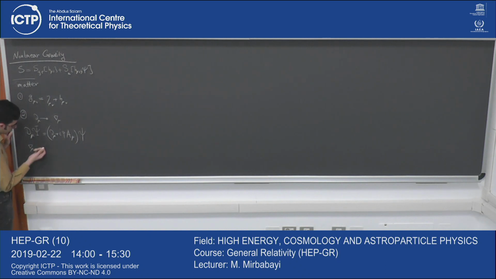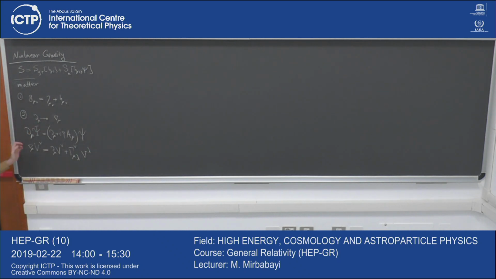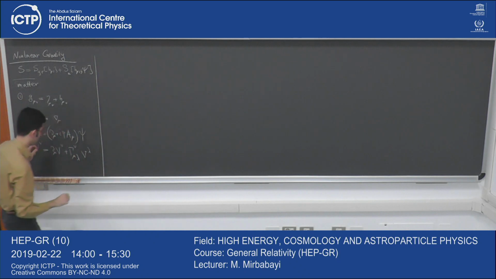So, for instance, if I just write the derivative of a vector field with upper index, then this will be d mu v nu plus gamma nu mu lambda v lambda. And then if you consider other objects like covariant vectors or tensors, then either the sign changes or you will get more Christoffel symbols. The formula for it you can find in the notes.